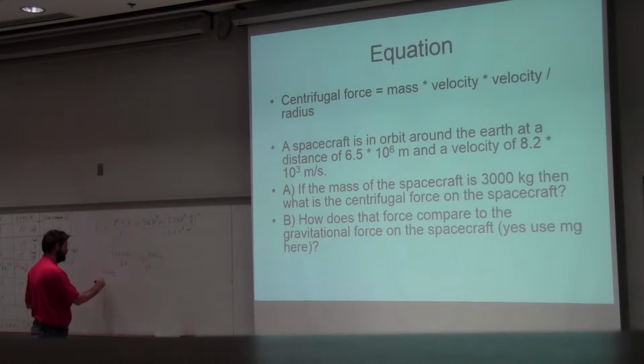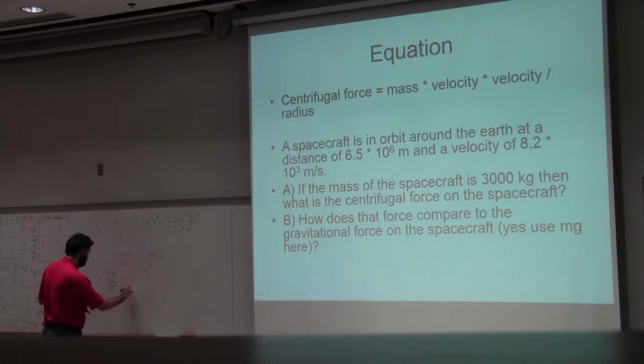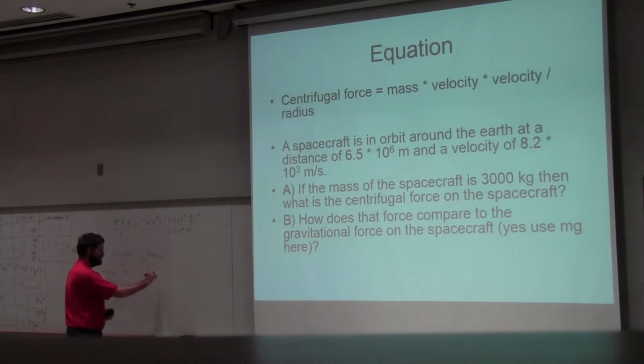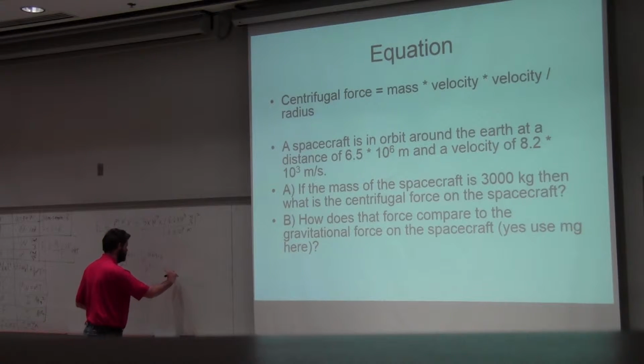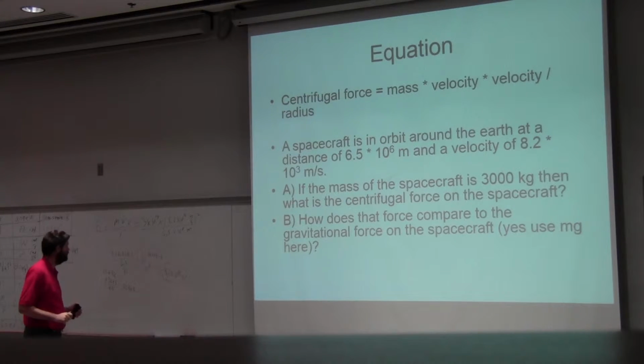Ignore that. So that's 67.2 times 3 divided by 6.5 gives me about 31. That's 3.1 times 10 to the 4th newtons, if I have done my math correctly.